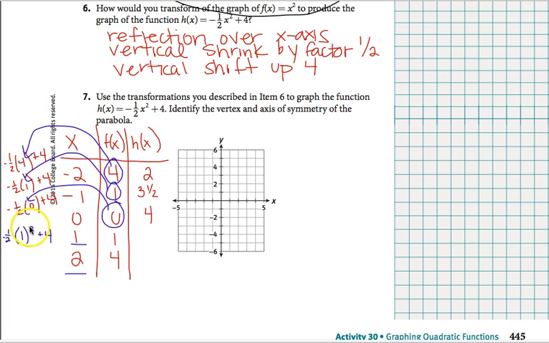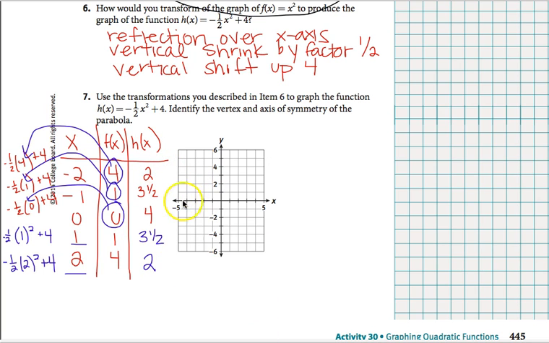So 1 squared is 1, negative 1/2 times 1 is negative 1/2, plus 4 is 3.5. And when I do the same thing for 2, I square the 2 first to give me 4. Negative 1/2 times that is negative 2. Negative 2 plus 4 is 2.